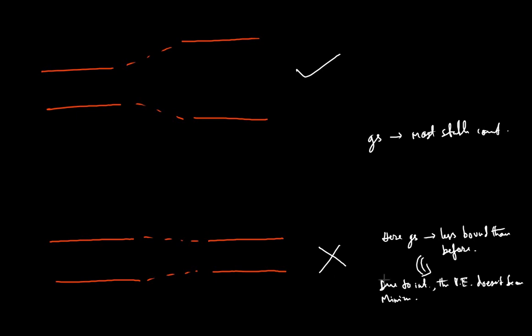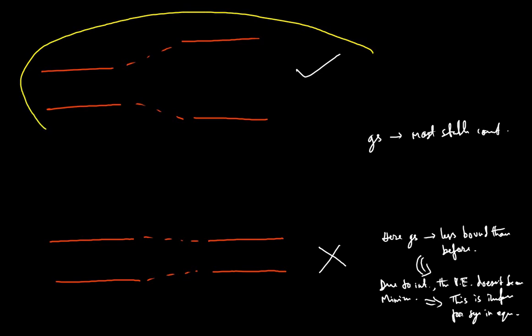And so this is just not possible energetically. So this is impossible for a system in equilibrium. And so this is the reason why this is so. Okay, this is the reason for getting this result.